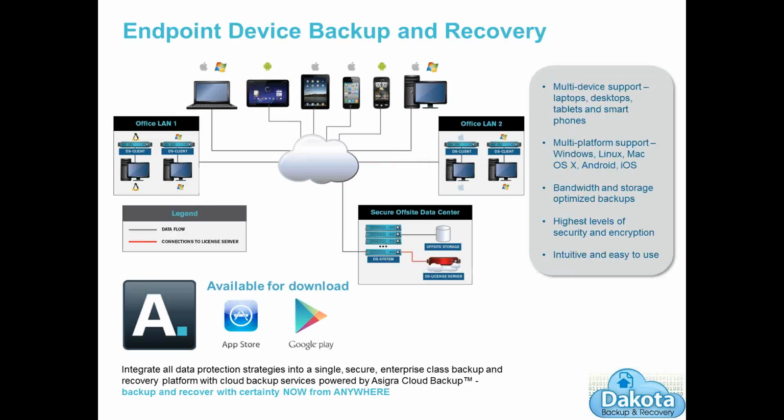Since version 11, Asigra has offered endpoint protection of Apple iOS and Android devices, including smartphones and tablets. The market growth of these devices is really amazing, and their use among businesses is increasing more and more. Version 12 expands on the types of data we can protect on these devices.